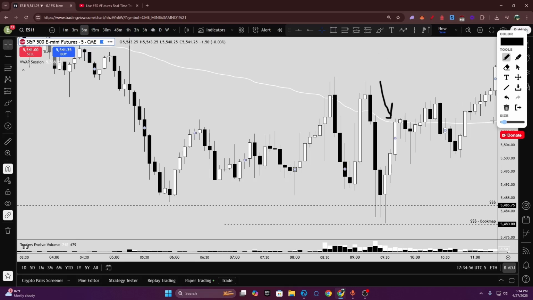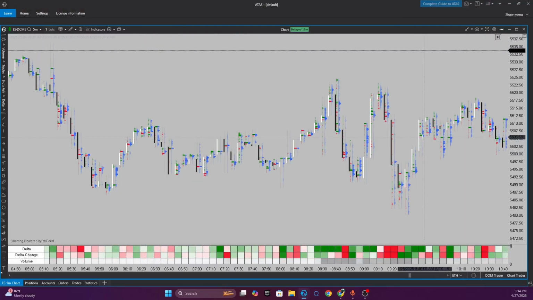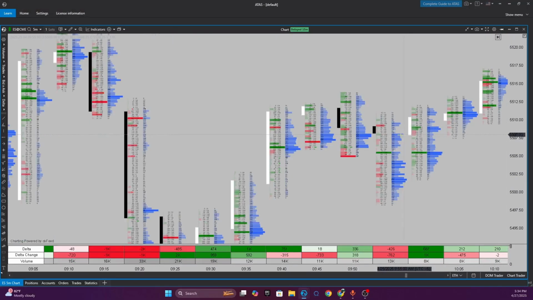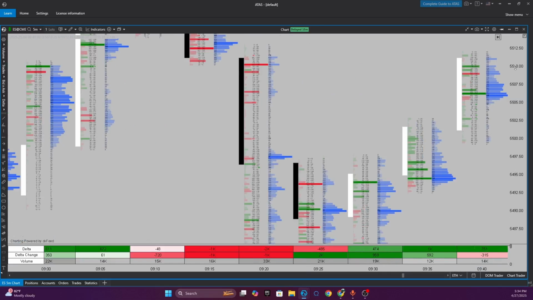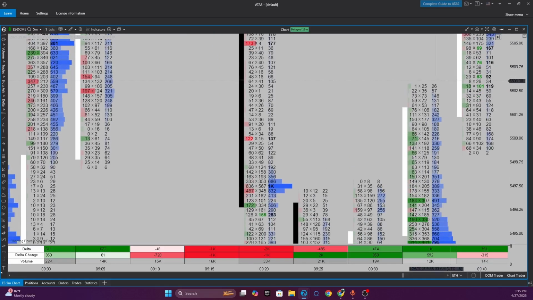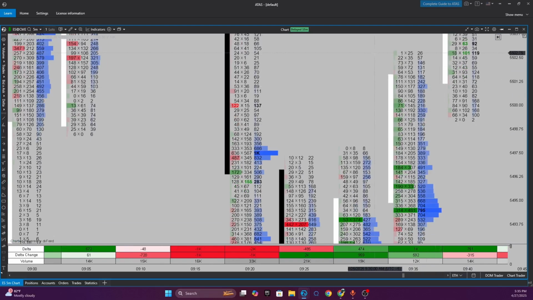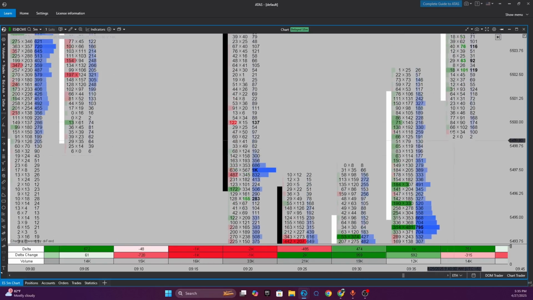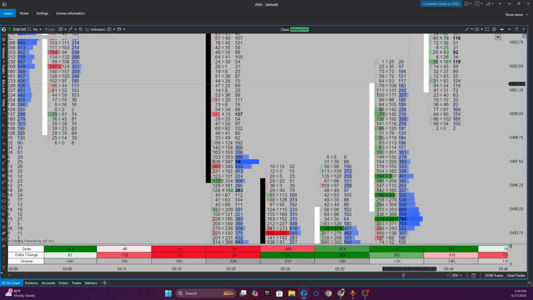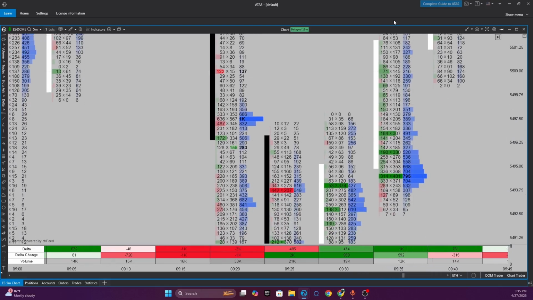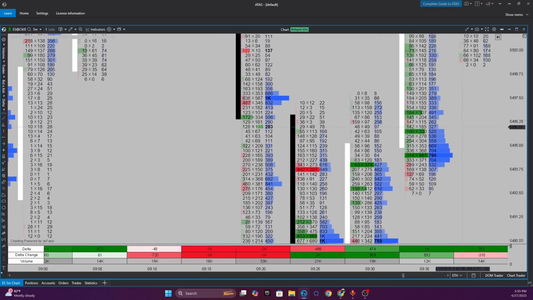In a footprint chart, what you get to see inside each and every single candle is the bid orders and the ask orders being executed at every single price. This gets to show us the relationship between aggressive sellers on the left side and aggressive buyers on the right side. And we also see the total volume executed at each price level on the far right side as well.